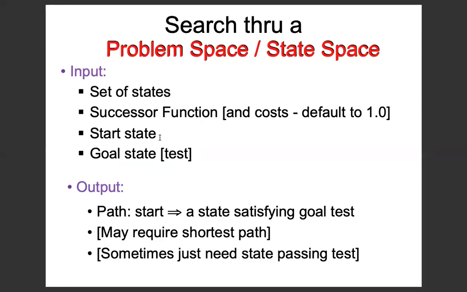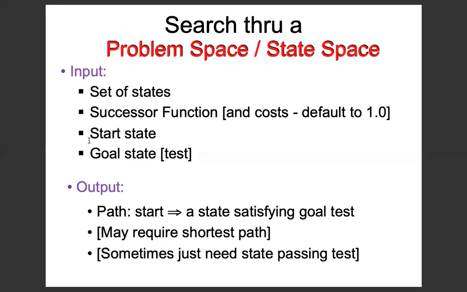How are you going to achieve your goal state? You start from the initial state, in which your state space has a size of 0. Now, what will be the output? What will be the outcome of this?